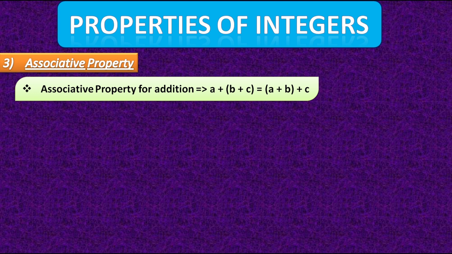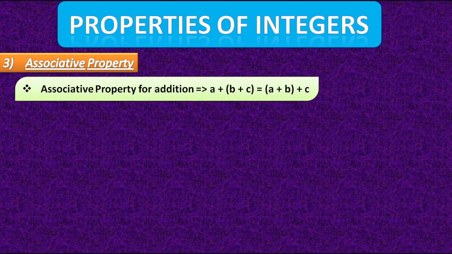Here they are choosing b and c to solve first, and here they are choosing a and b to solve first. There is no condition on which integers to solve first. If we choose any integers to solve, we should get the same answer. If we get the same answer, then we can say that the associative property holds for addition.